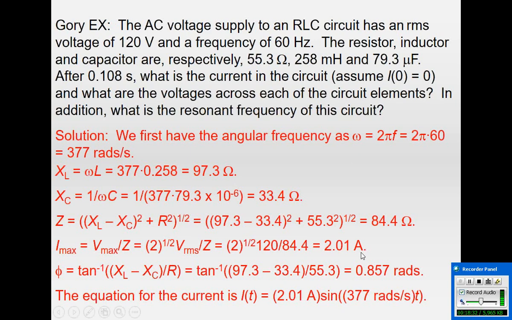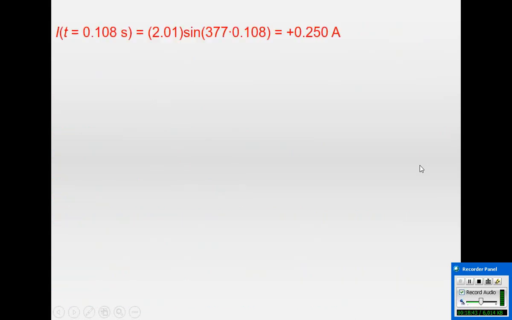So if you plug in t equals 0 into this expression, you're taking the sine of 0, which is 0. Therefore, we satisfy this initial condition. We can plug in t is equal to 0.108 seconds, and if I did things correctly, you get a value for the current of 0.250 amps at this particular instant.